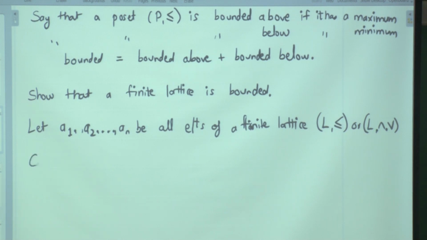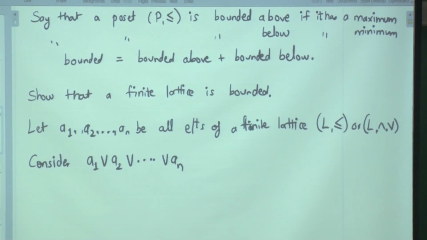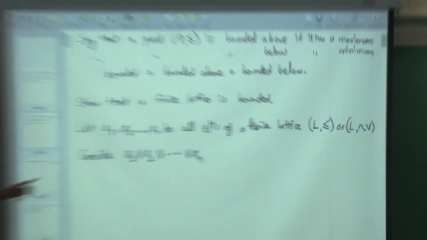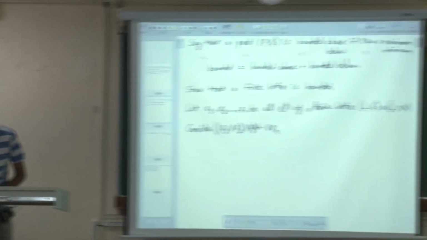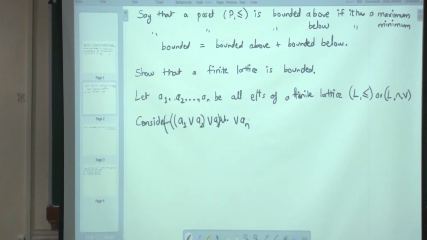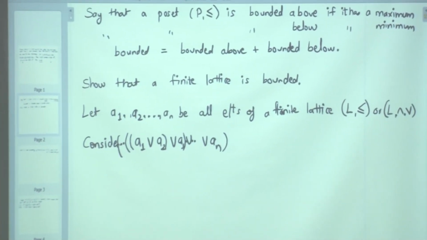Then consider A1 join A2 join ... join AN. Now why can I write this expression? Not just because it is finite. It is associative. That's why I can write this expression. Otherwise I have to do something like this: first consider A3 and then dot dot dot and then ultimately this.